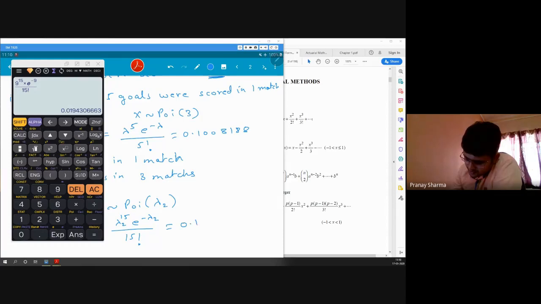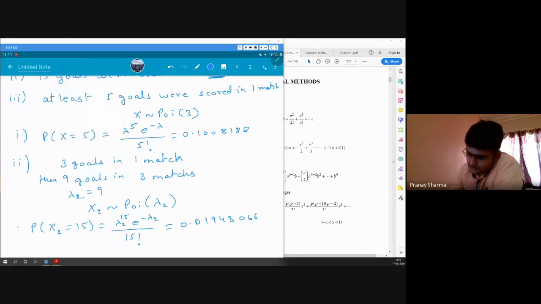Probability becomes 0.01943. You can see, if I said scoring 5 goals in one match and scoring 15 goals in 3 matches, they seem equivalent type of values, but you can see the probability has decreased a lot. Here it was almost 10%, and here it is almost 2%. So if I say 150 goals in 30 matches, then it will be much smaller.